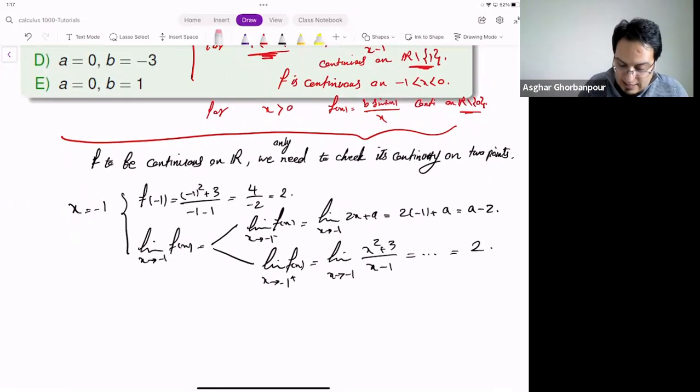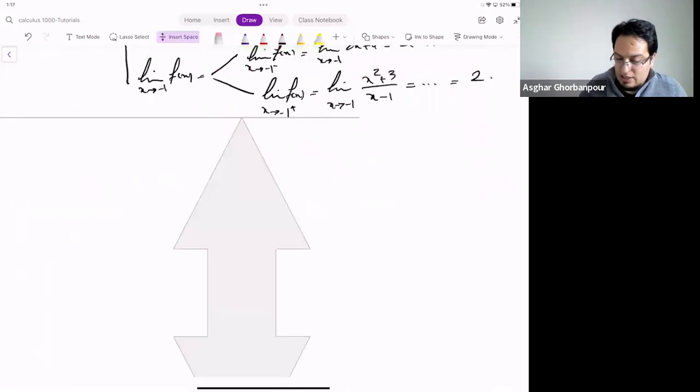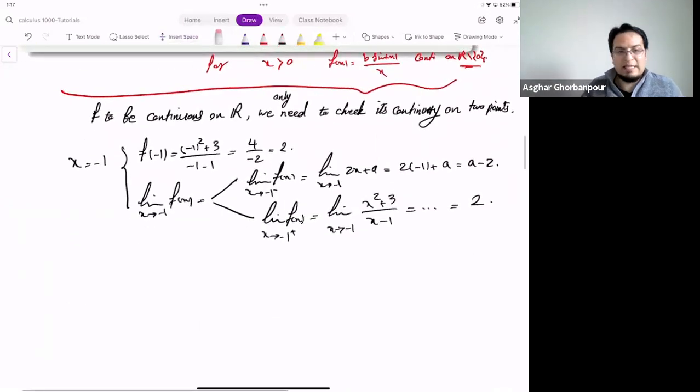Since I am interested in having a continuous function, the limit must exist. That means that a minus 2, the left limit, must be equal to 2, which is the right limit, and it must be equal to the value of the function at that point.